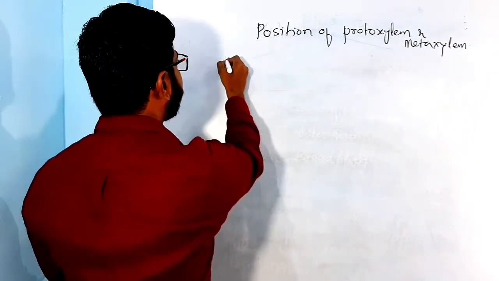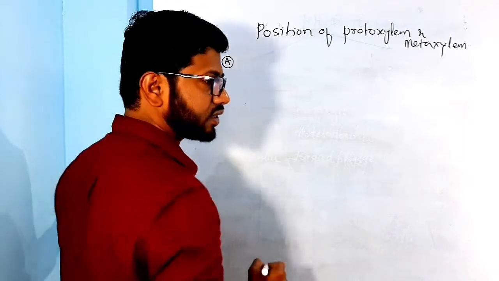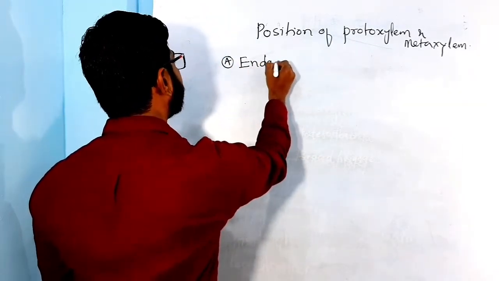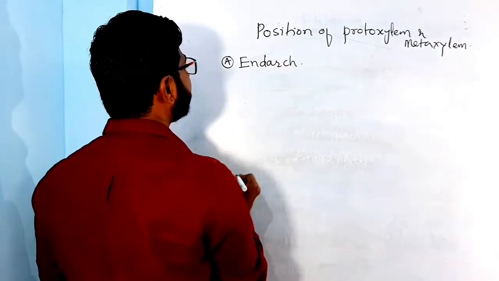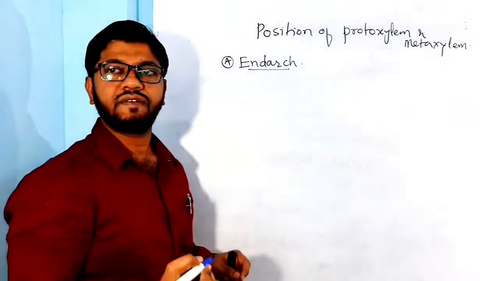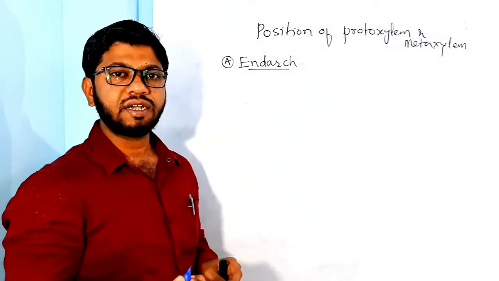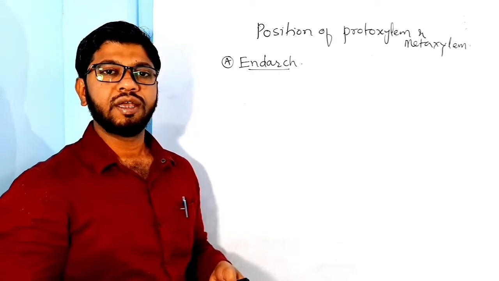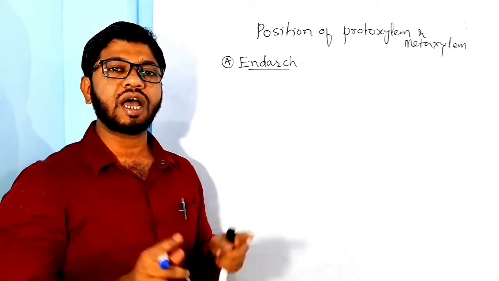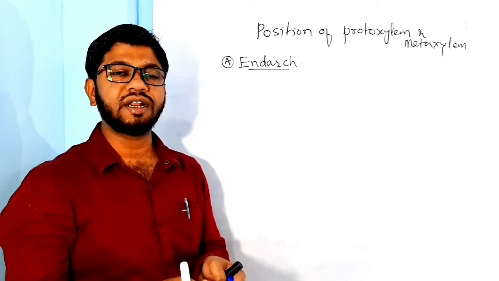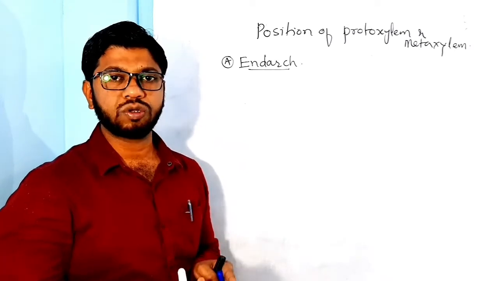The first type in this classification is the endarch type of vascular bundle. In this endarch vascular bundle, protoxylem is developed at the center and metaxylem is developed at the periphery. Periphery means surrounding at the outer direction, and facing toward the center there is the protoxylem.